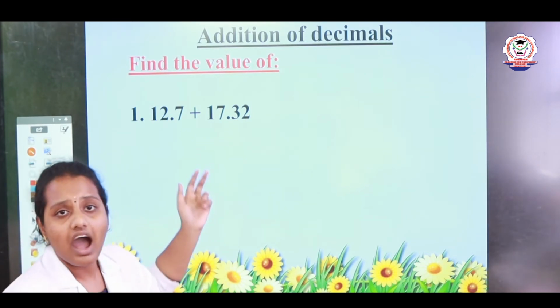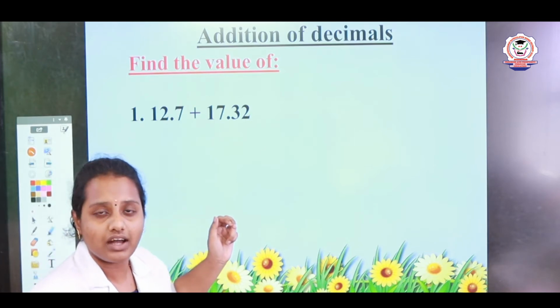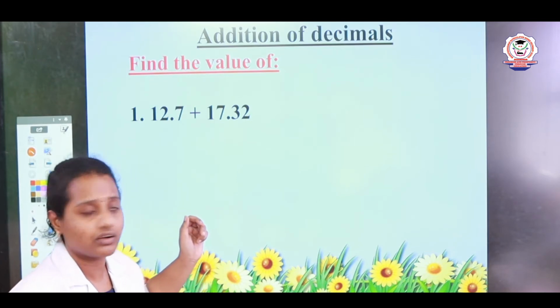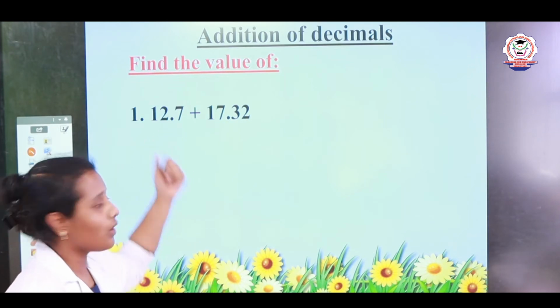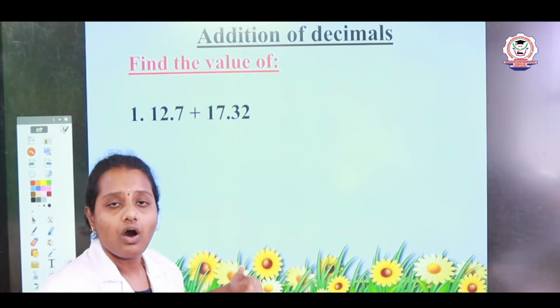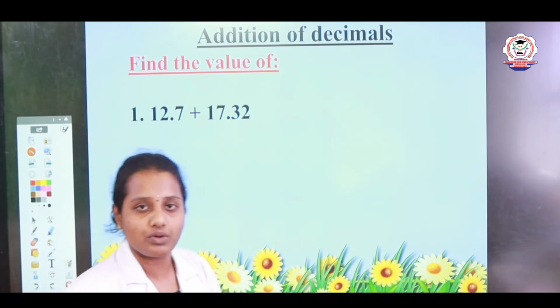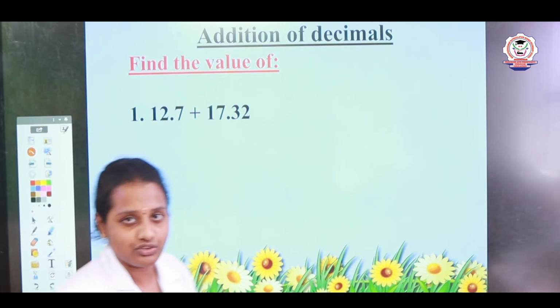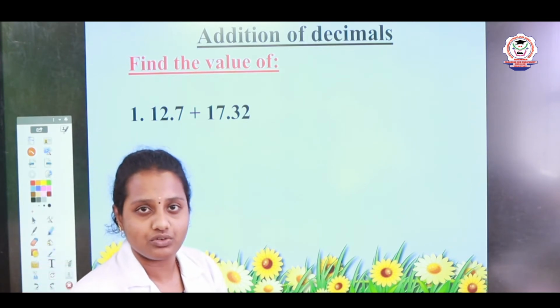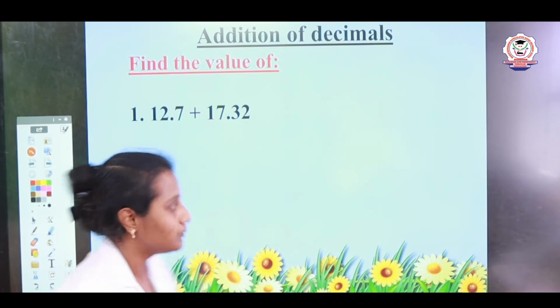So it is unlike decimals. So we are going to convert that into like decimals. How will we convert? We are going to add one zero in the hundredths place. Very simple, and afterwards we can add as usual. We already know how to add now, my dear children. So we are going to add after changing to like decimals.